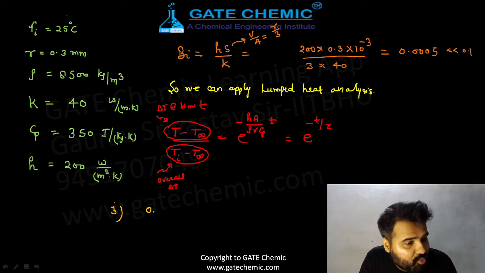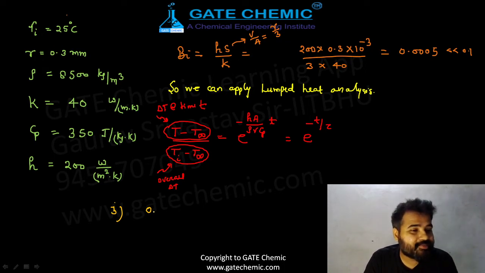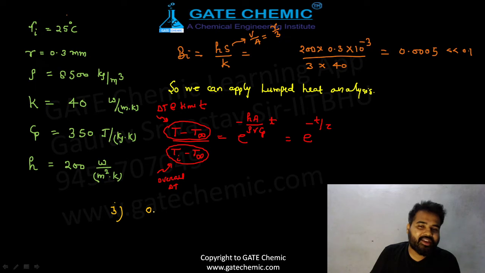You have to take 0.63. Here T minus T infinite means this is the path still left. Am I correct? Yes, it's 0.37 now, because this is the temperature T.